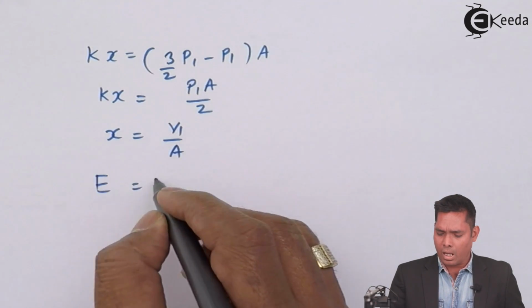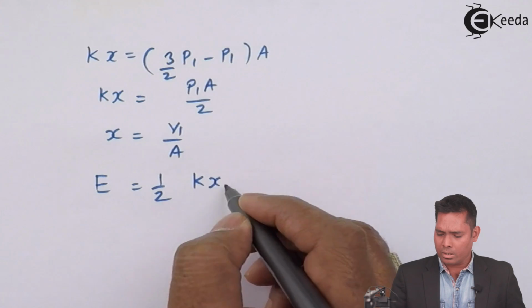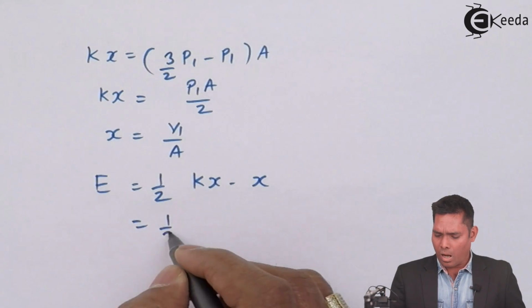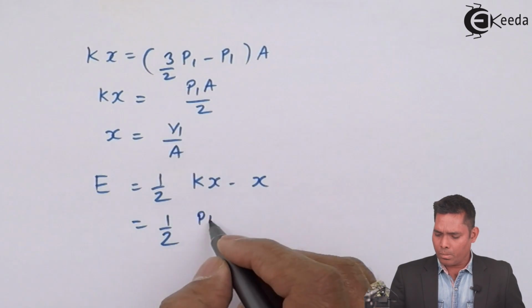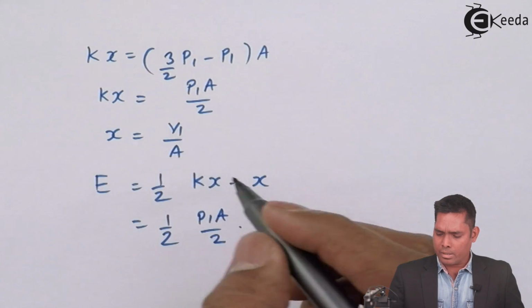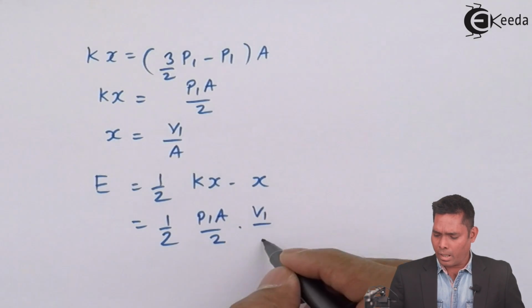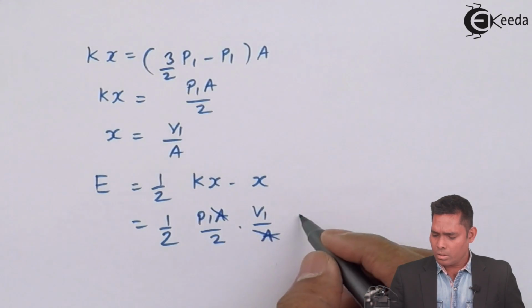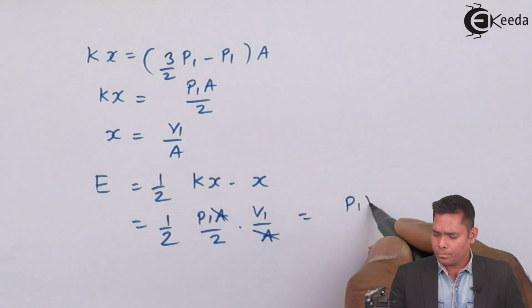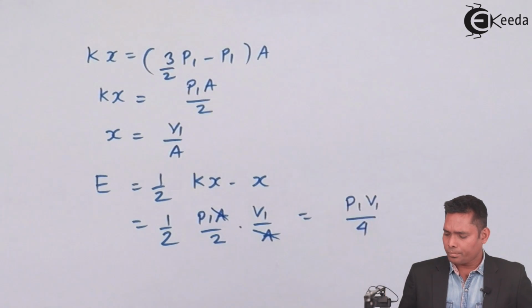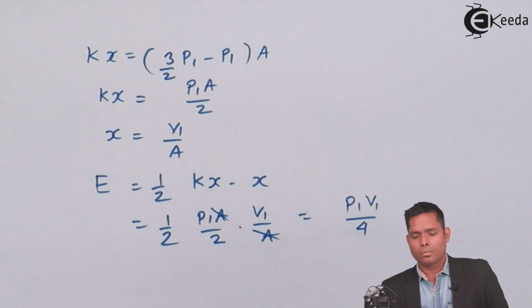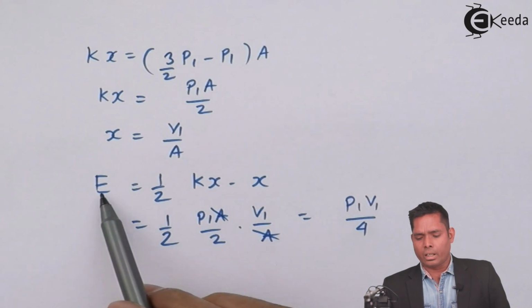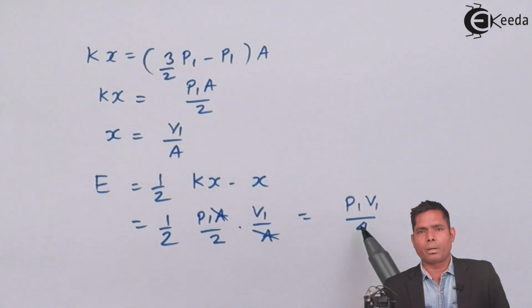Energy stored is half kx square, that is half kx into x. So half into kx is P1A by 2. X is V1 by A. A will cancel out. This is P1 V1 divided by 4. So energy stored in the spring is P1 V1 by 4.